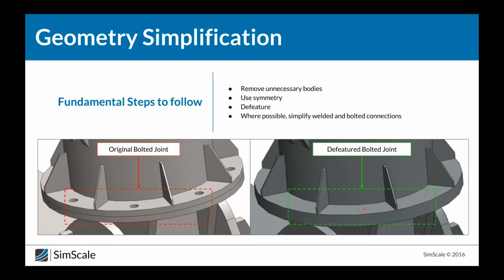In the defeatured version, there's no bolted connection, and there's just a single plate here. And this is not always a valid thing to do, but in this case, because it's just a direct axial load and the bolts aren't pulling apart, we can make this simplification, and we try to remove as many features as possible without changing the structural intent of the geometry.